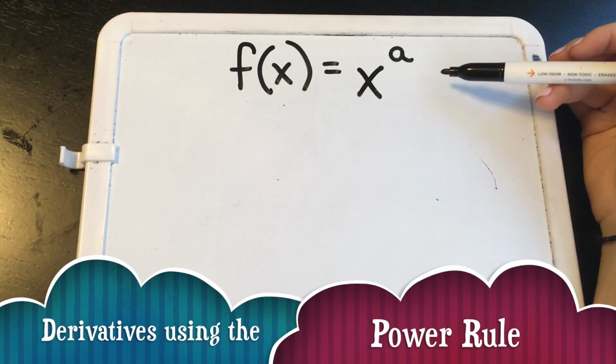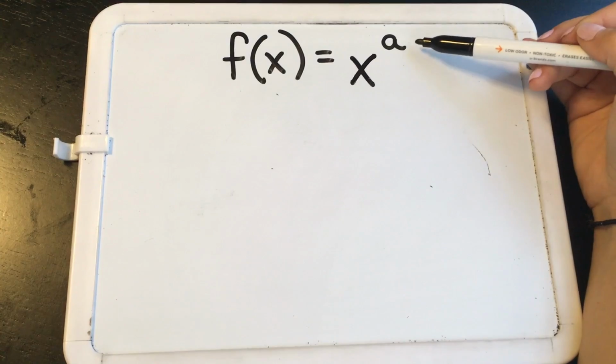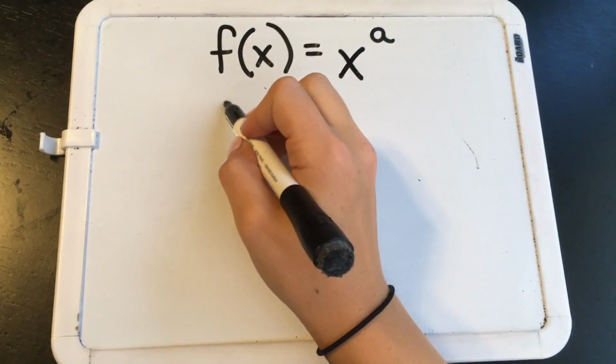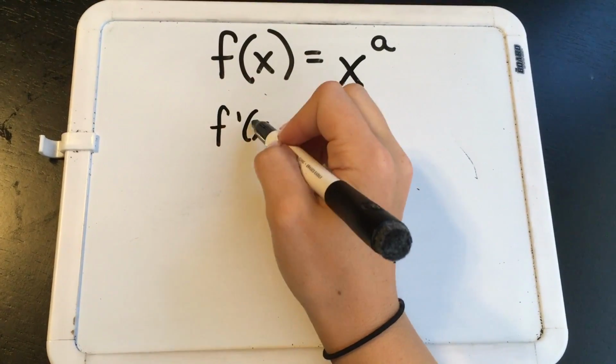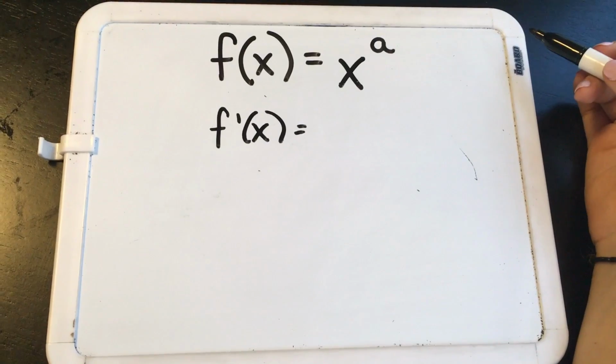Today, we're going to take derivatives using the power rule. Here's the general formula for a variable x being raised to some real number power a. Now, if we were going to take the derivative of this function with respect to x, there's a method called the power rule.